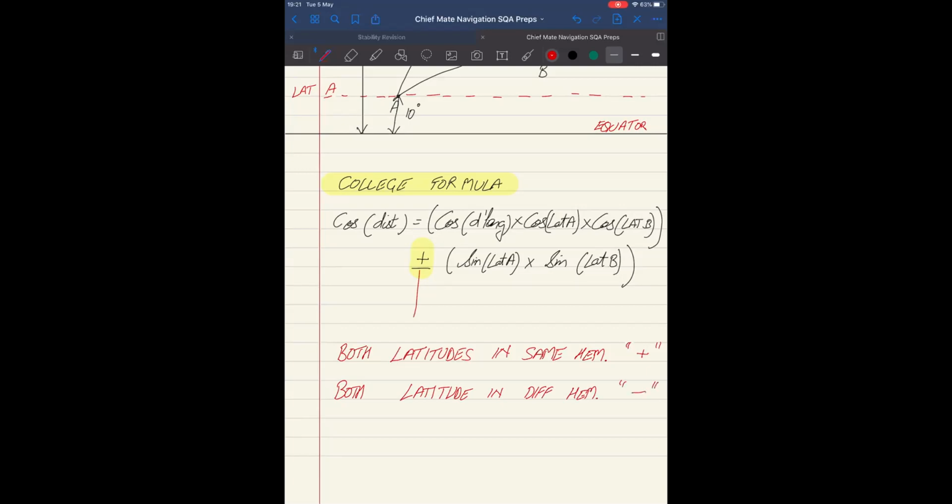This is the only thing which we need to remember if we are using any of these formulas. You can solve with any of these formulas, you will get exactly the same answer.